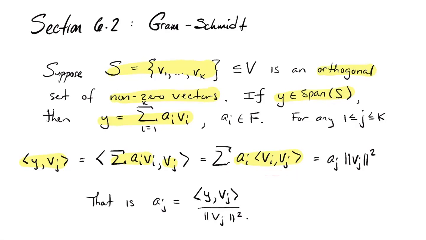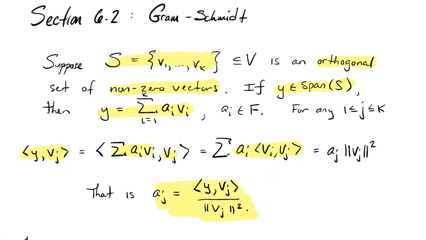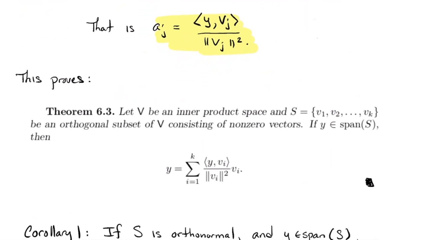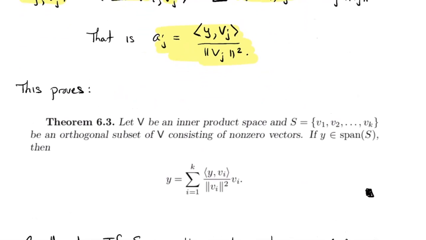So this is kind of the punchline. If you have an orthogonal set of non-zero vectors in an inner product space, then when you write something in its span, the coefficients that you use to write that linear combination are computed in terms of the inner product, according to that formula. So that actually comprises a proof of the first theorem in this section, theorem 6.3.